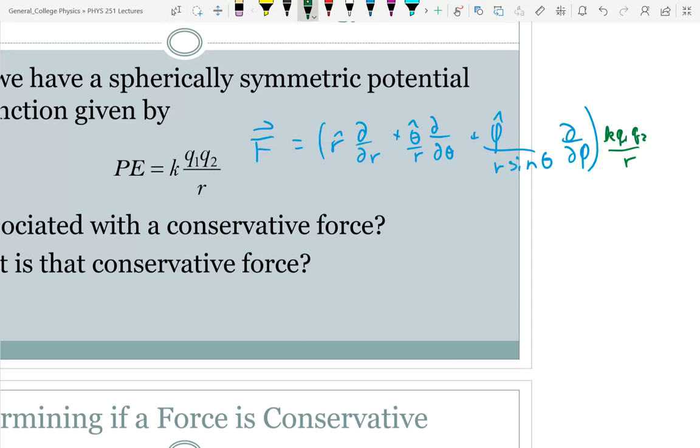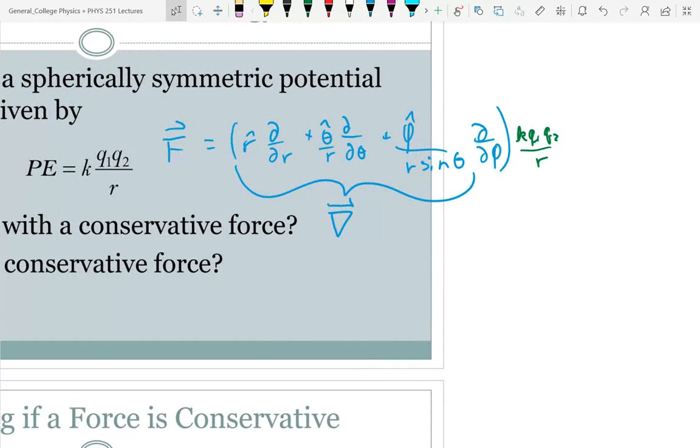This is the gradient operator. Notice it has direction, that's why there's a vector sign on it. And then operating on this function.